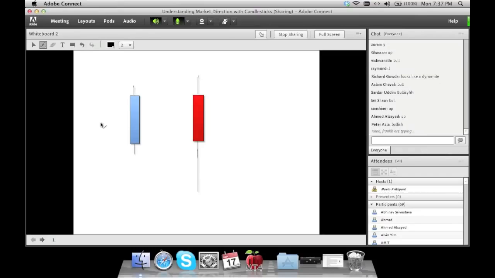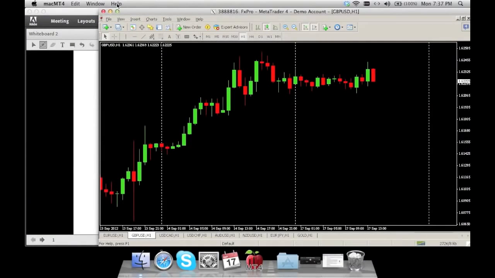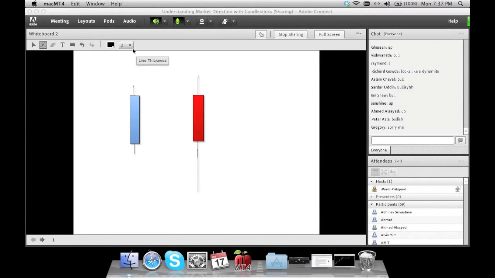It simply means that the market in that particular candle went long. Each candle represents a specific time frame, and what the time frame is depends on your MetaTrader. You can set it to whatever you want: the 1 hour, 30 minutes, 15 minutes. So if, for example, you set your charts to the 1 hour time frame, each of these candles represents 1 hour worth of data.